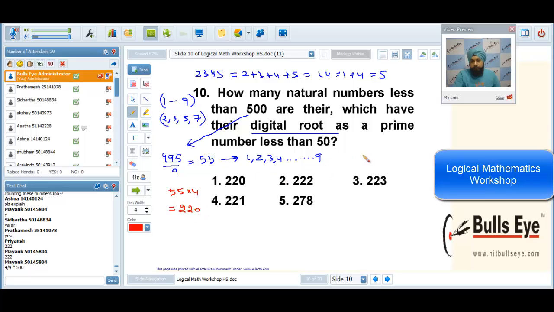Now after 495 which have a digital root of 9, next number will have a digital root of 1 which we don't need. Next number will have a digital root of 2, we need that. The next number will have a digital root of 3, we need that. And the next number will have a digital root of 4 and we don't need that, right? So there are 2 more such numbers, guys. So the answer happens to be 222.